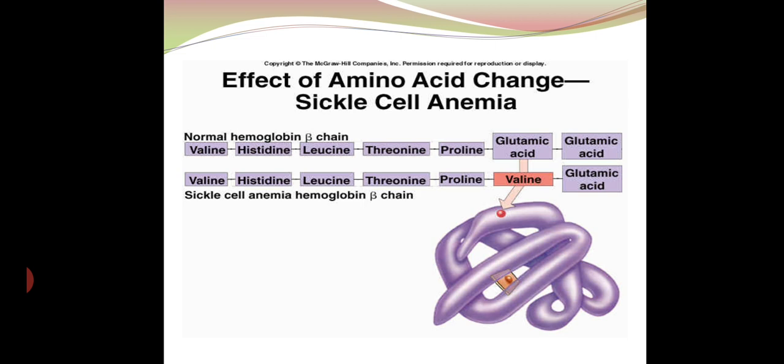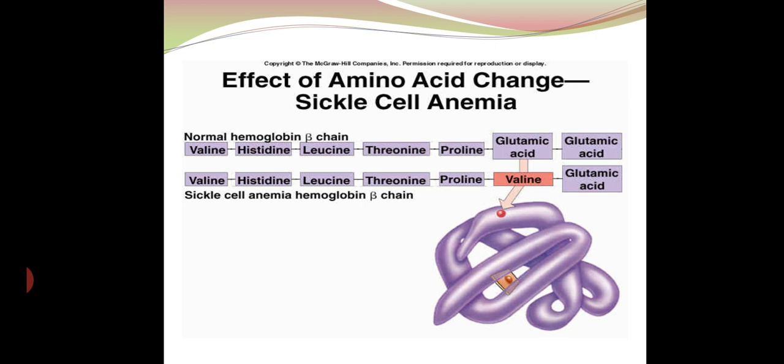But in a person having sickle cell anemia, the hemoglobin beta chain has been altered.